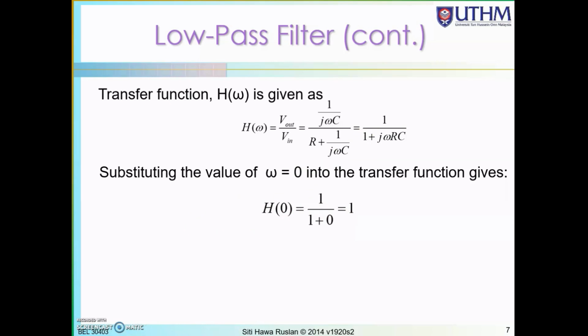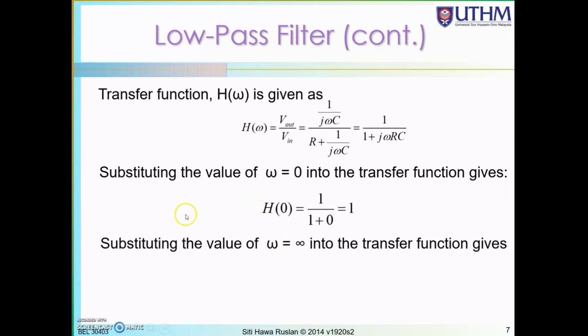Then substitute omega at a very large value, at infinity. 1 divided by 1 plus this term, which gets bigger as you multiply with infinity. 1 over infinity goes to 0, so your transfer function gives a value of 0.